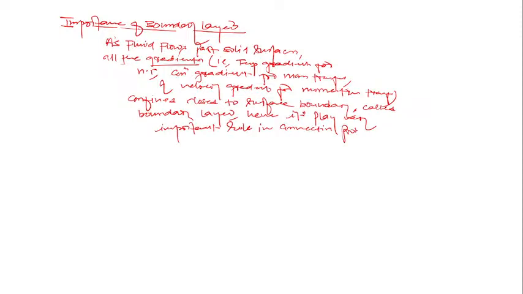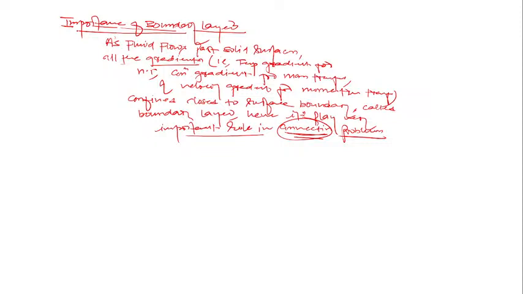Convection problem is the phenomenon that involves molecular diffusion as well as bulk motion. Clear? Molecular diffusion and bulk motion, that's the convection problem. So the first boundary layer that I am going to discuss here is the velocity boundary layer.